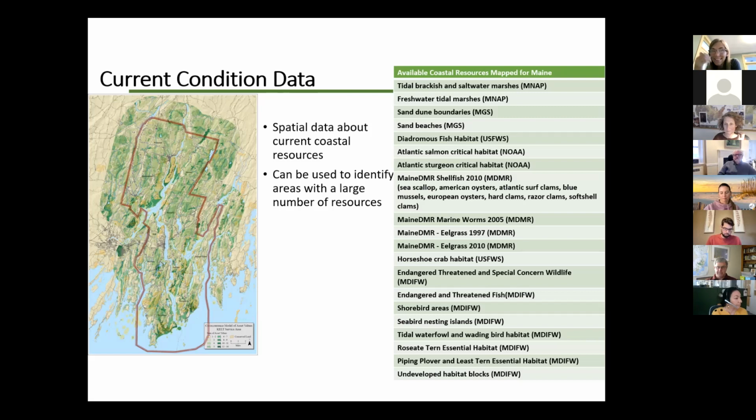They had lots of what we would call current condition data, really detailed inventory type data of extant species of concern, critical areas for wildlife habitat defined. And they were really interested in making sure they had a sense of that current condition element. That's something that we know is important to understanding resilience.